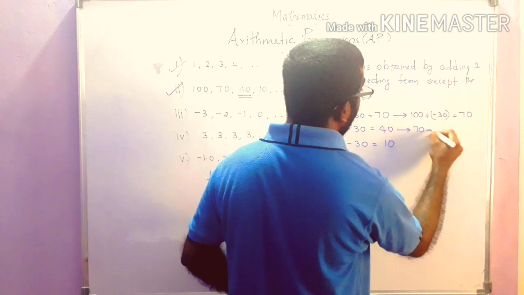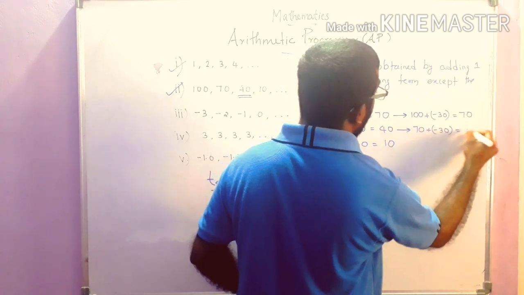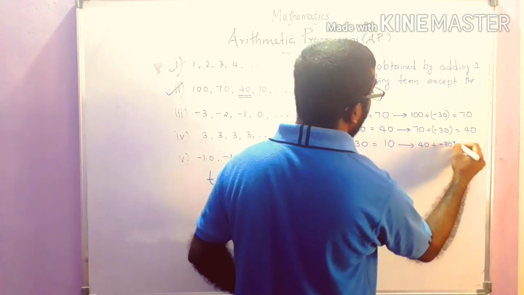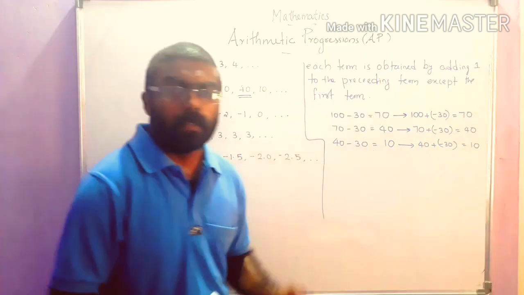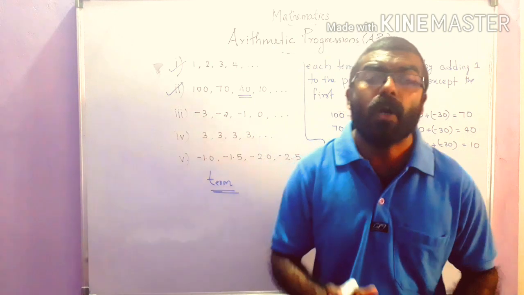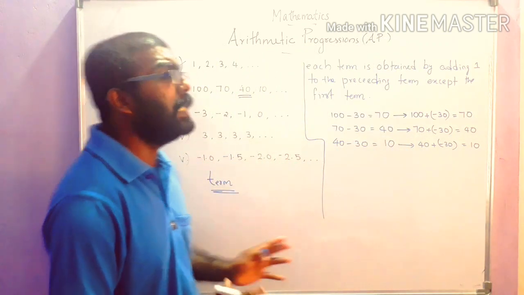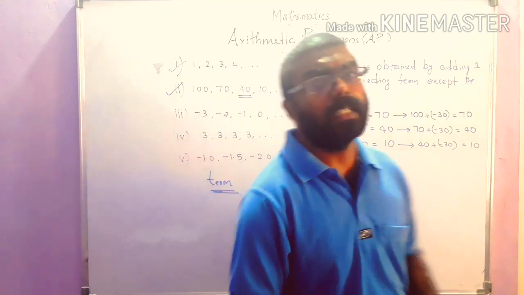And 70 plus minus 30 is equal to 40, and 40 plus minus 30 gives 10. So here every term is obtained by adding minus 30 to the preceding term, except the first term.